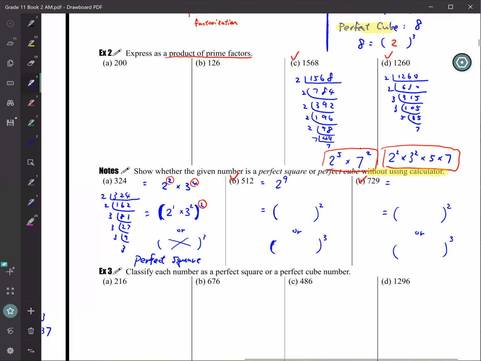Right, so if it's 2 to the 9, Yosher, would it be a perfect square or perfect cube? Perfect cube. Okay, perfect cube. Then what's inside the bracket? 2 to the power 3. Yes, very good. And then outside you have a 3. So we can do that. Perfect square is impossible, because 9 cannot be divided by 2. So this is a perfect cube.